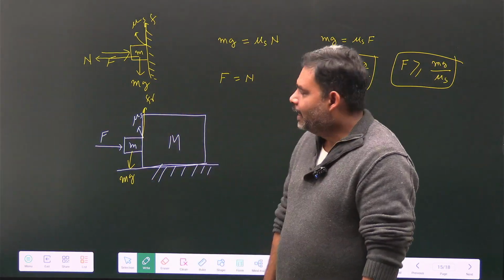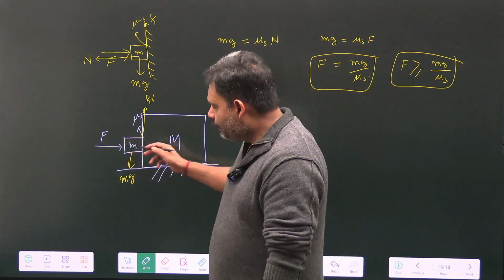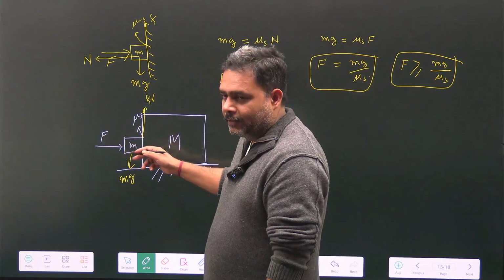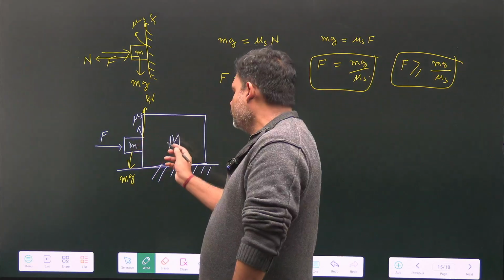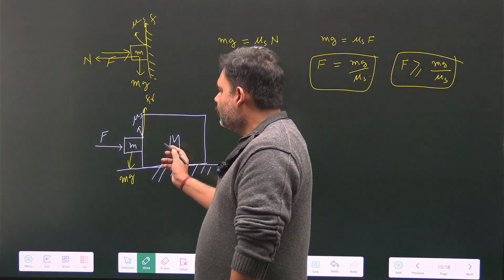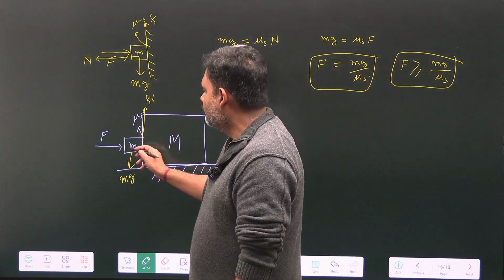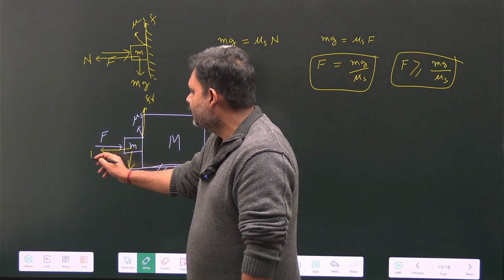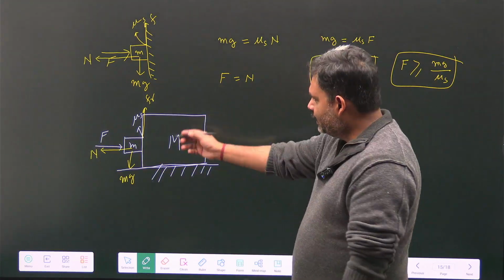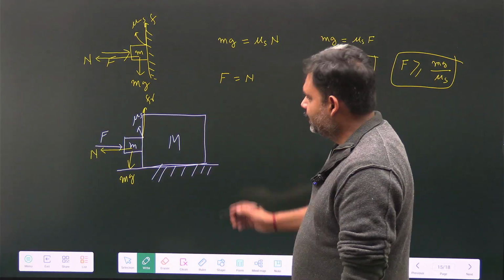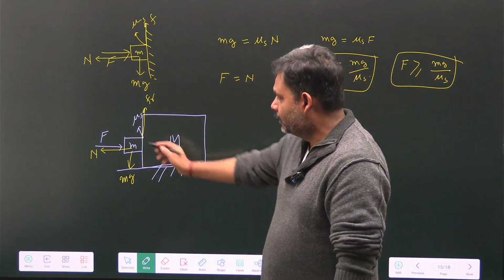Okay, and we are giving some force here. So we are pushing this particular block. So this block will push the capital block, and the capital block will again push this particular small block. So this is my direction of normal. Okay, and this is basically for the smaller block.